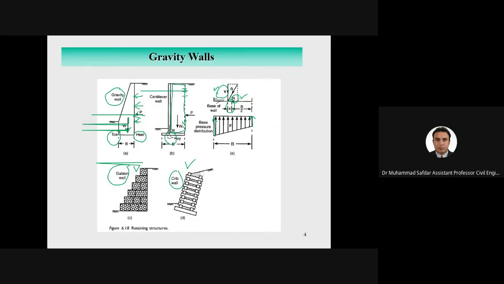Between soil and soil, that friction is known as the friction angle, so delta is equal to 0 here. But when we talk about the wall friction between the retaining wall and the soil, delta won't be equal to 0.